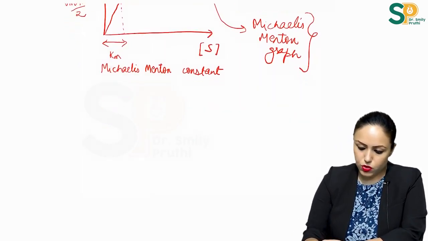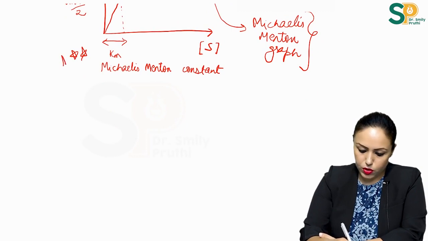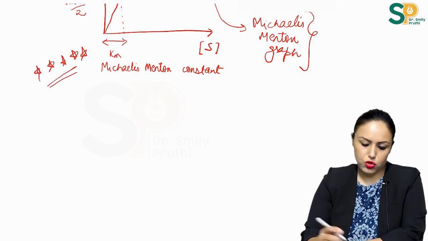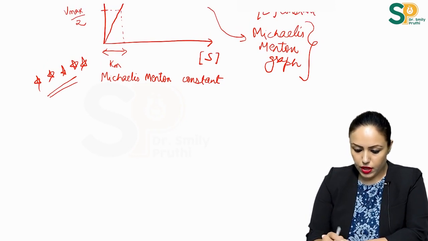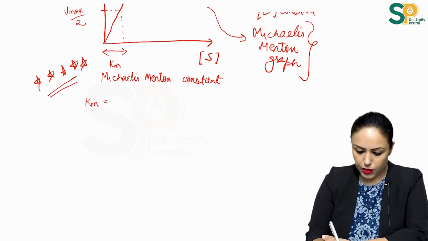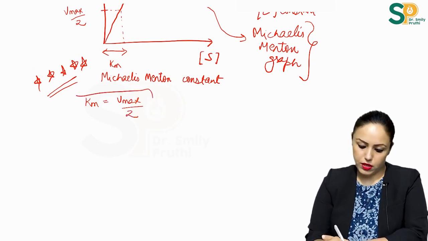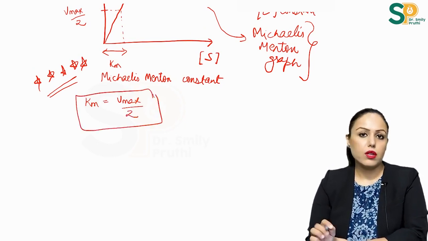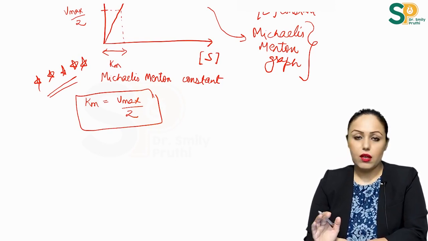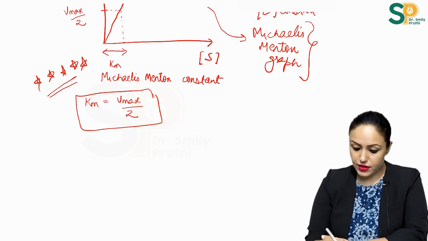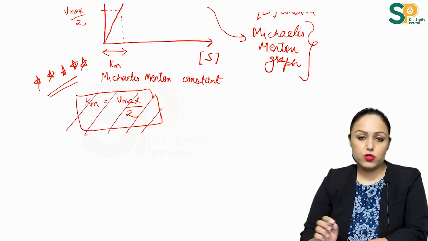So let's look at the details of this Km. Many questions are asked on this Km, right? So look here, can I say that Km is equal to Vmax by 2? Be careful. Km is on the x-axis, velocity is on the y-axis, so this statement is wrong.